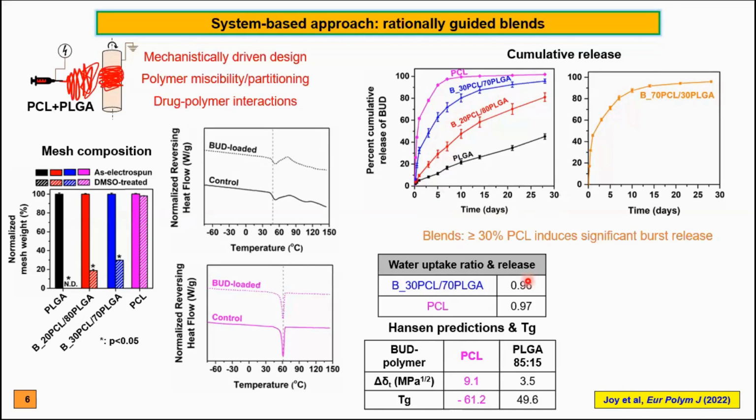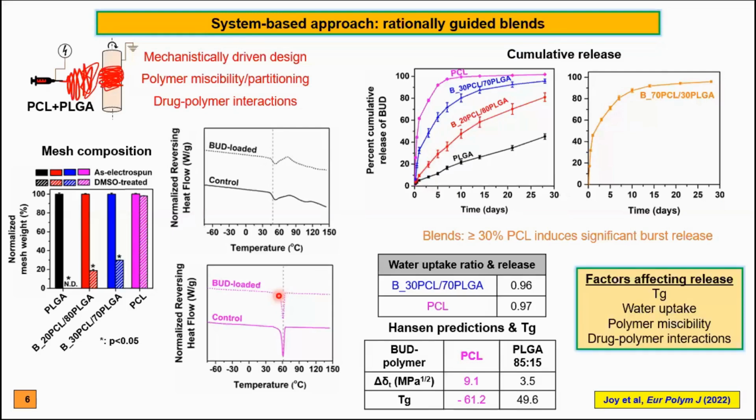And the point here I'm making is that because the drug is incompatible with PCL, it phase separates within the PCL matrix. And because it phase separates, the water is able to penetrate, whatever water penetrates on the surface, the drug comes out very quickly. We were also able to show using DSC that this is also guided by differential drug polymer interactions between the PCL drug and polymer and the PLGA drug.